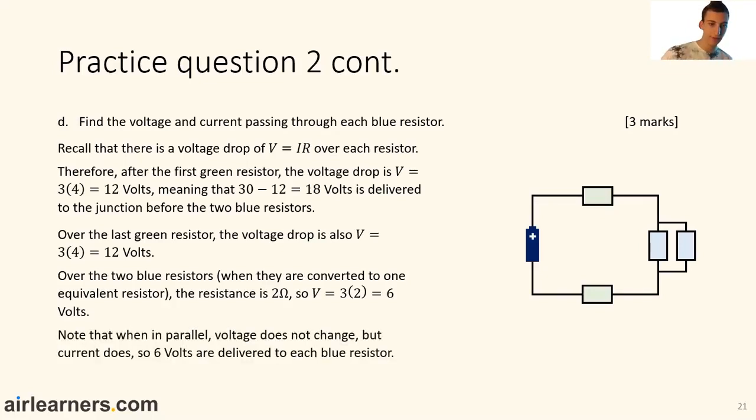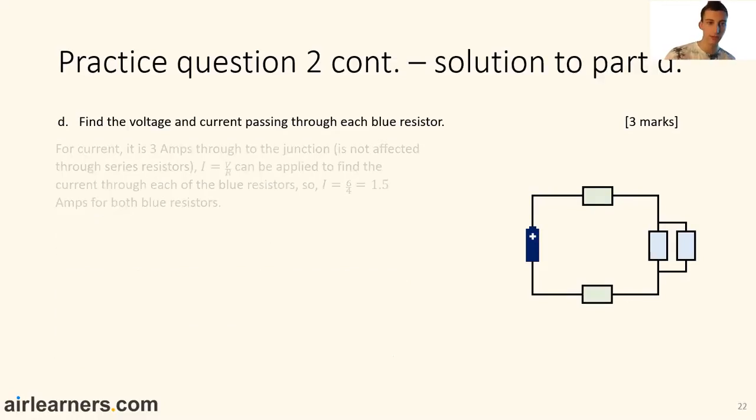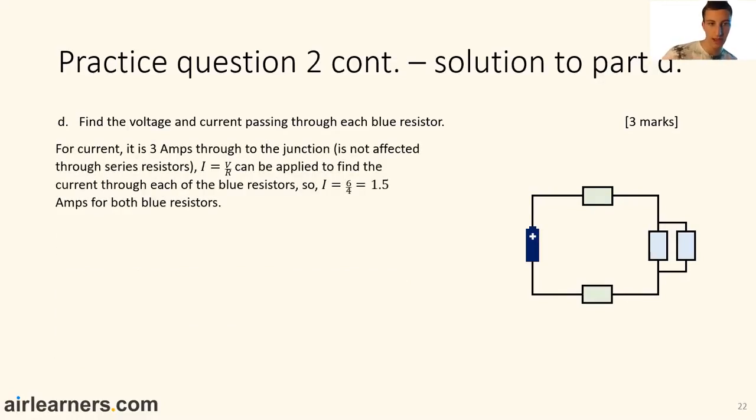When it's in parallel, voltage doesn't change, current does. So 6 volts are delivered to each blue resistor. And what we can do is that the 3 amps into the junction, so into point over here, get rid of that funny mark over there. So you get 3 amps delivered to that junction. You also get 3 amps out. That's just how it works.